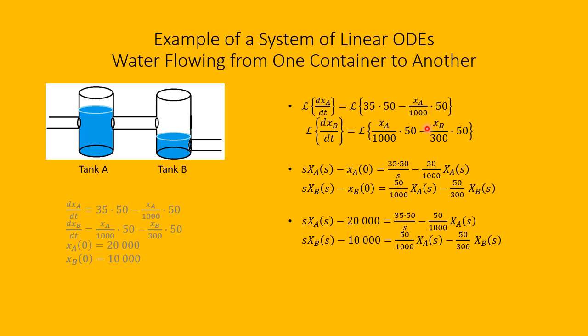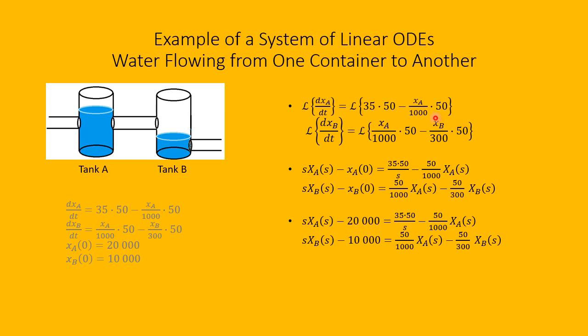The second equation is just taking the Laplace transform of both sides of this equation. The Laplace transform of the derivative of x sub b with respect to t is the Laplace transform of this stuff over here, x sub a over 1,000 times 50 minus x sub b over 300 times 50.